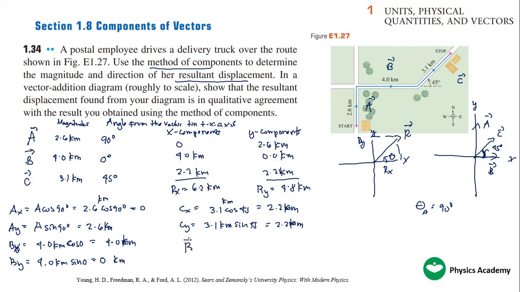The magnitude of our vector R is the square root of 6.2 kilometers squared plus 4.8 kilometers squared. It will give us 7.8 kilometers.